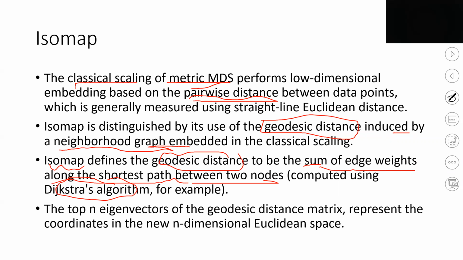So in order to use Isomap, we first need to create a network, which is a graph for your data points, then compute the geodesic distance from all pairwise distances between data points, and then use this to replace Euclidean distance, and then you take regular MDS to get the results and reduce the dimension.